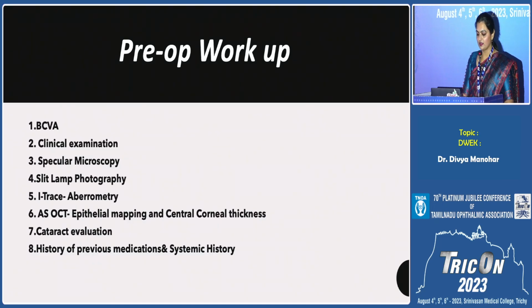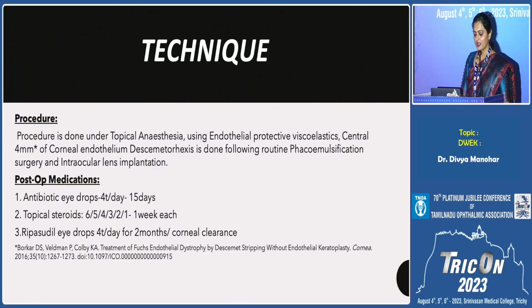Again, best corrected visual acuity, clinical examination. ASOCT is done to look at the central corneal thickness in the preoperative stage, and cataract evaluation. The technique is very straightforward. It's a very simple technique, and for surgeons who are already doing DSEK and DMEK, it's just a walkthrough. Under topical anesthesia, we do phacoemulsification followed by a 4 mm central corneal descemetorhexis.